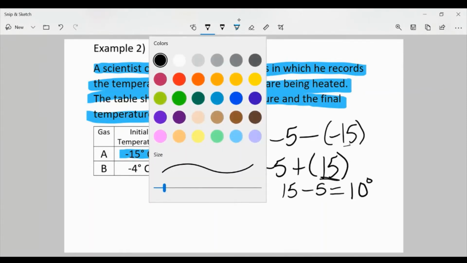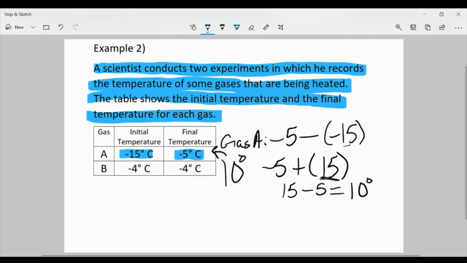Now, looking at gas B. In this one, we have an initial temperature of negative 4 degrees Celsius and a final of positive 4 degrees Celsius. We're going to subtract these, right? I'm going to take my final minus my initial temperature.